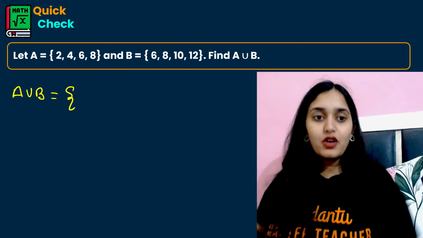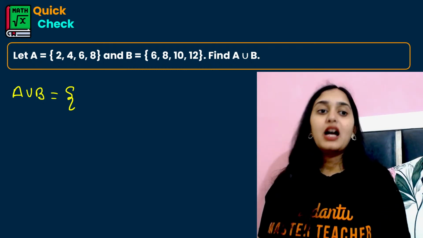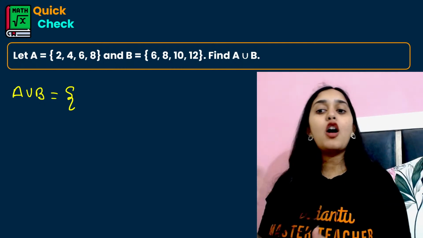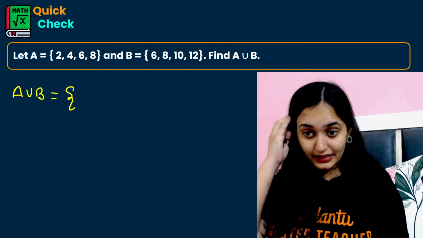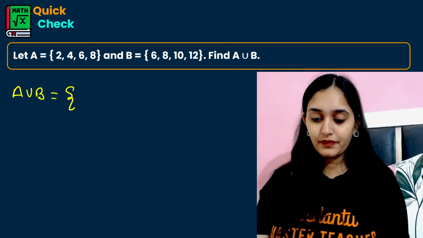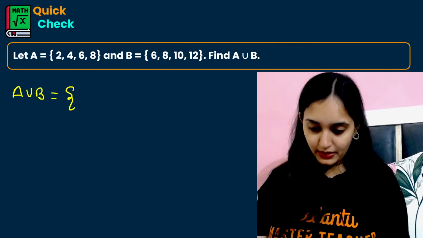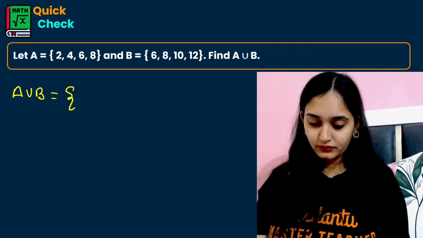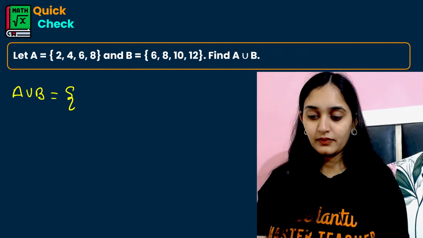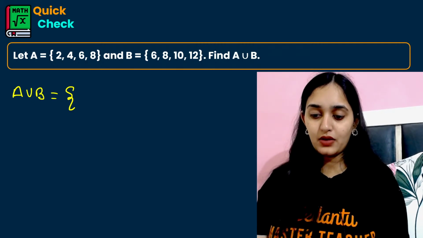By combination we mean it should contain element of either this set or this set. So how can we find that? Can you tell me? What will be A union B? Who can tell me?